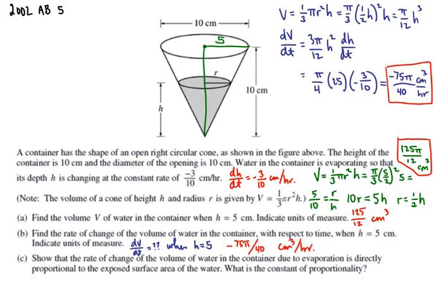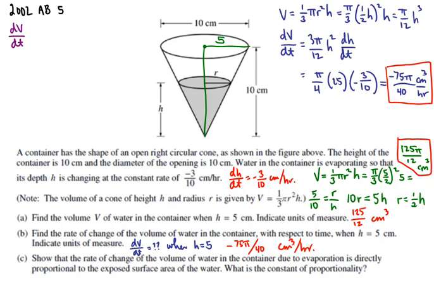Finally, in C, we want to show that the rate of change of the volume of water in the container, and that is just dV/dt, is directly proportional to the exposed surface area of the water. The exposed surface area of the water is just the circle on top of the water surface, and so its area would be pi r squared.